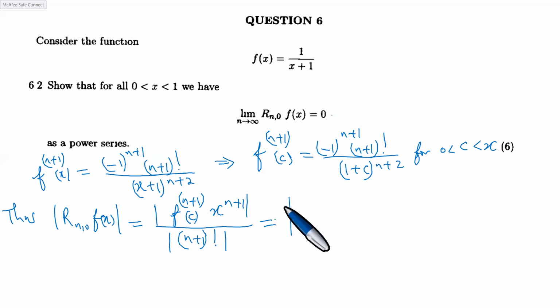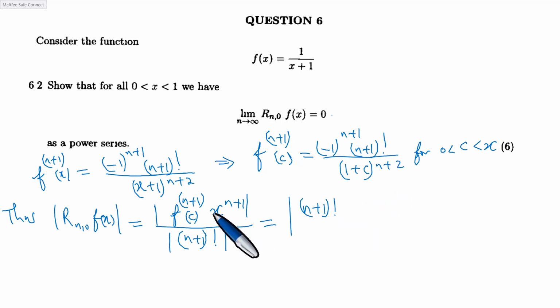Right, this is therefore equal to what? What is the same as, let's look at it very carefully. If you take this and you put it into that, it's going to be exactly n plus 1 factorial.